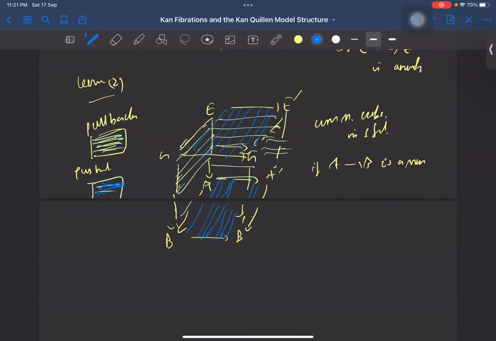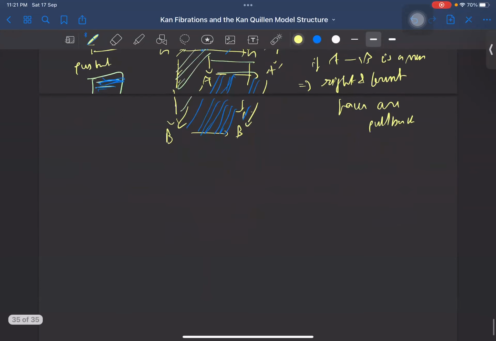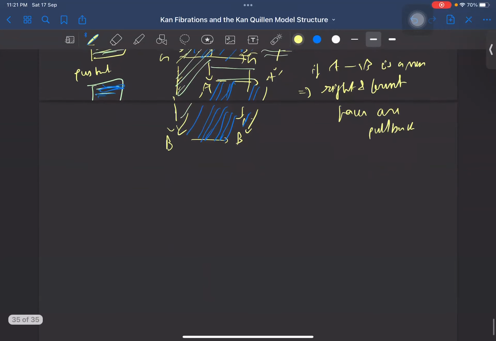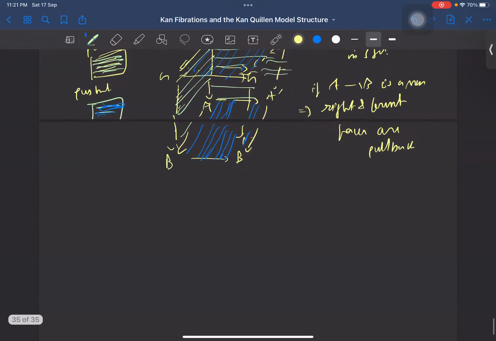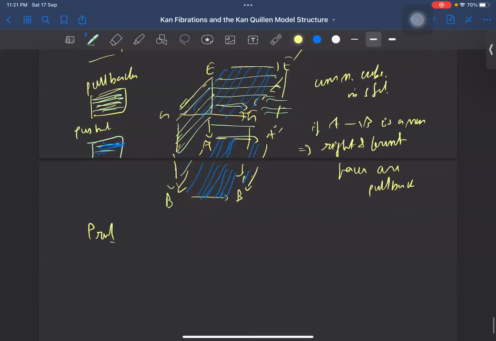These are pushout squares, right? Then the right and front faces, the ones that are left, are pullback squares, of course.